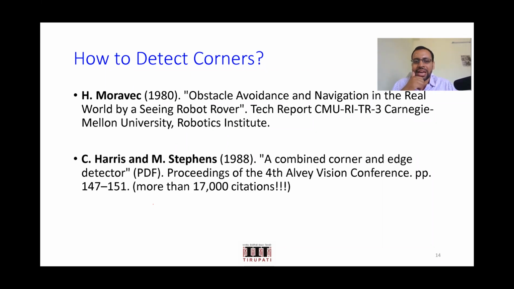There is a method first proposed by Moravec in the 1980s. And after that, in 1988, Harris and Stephens, poor fellow, probably he happens to be the supervisor of Harris. That name is no more carried. We simply call it the Harris corner detector. This is again a comment I'm borrowing from Aaron Bobick's lecture.